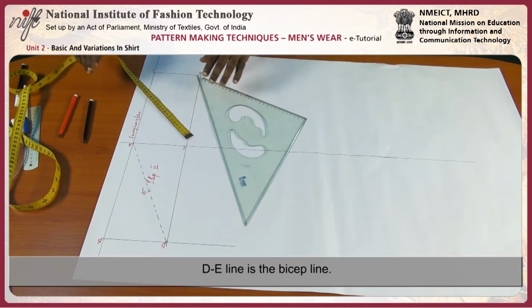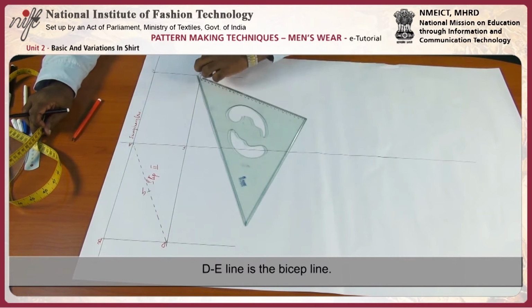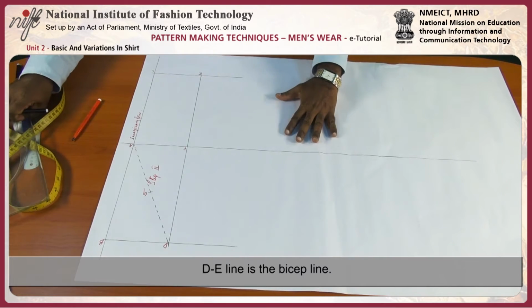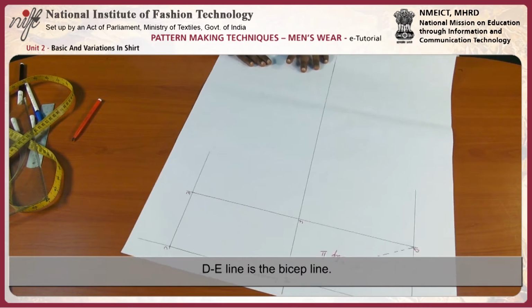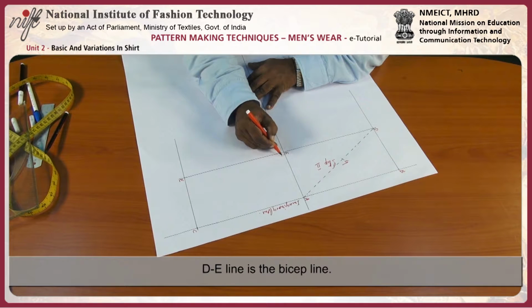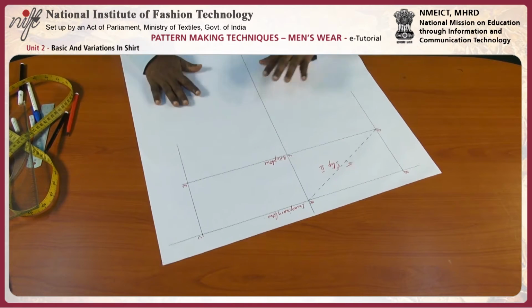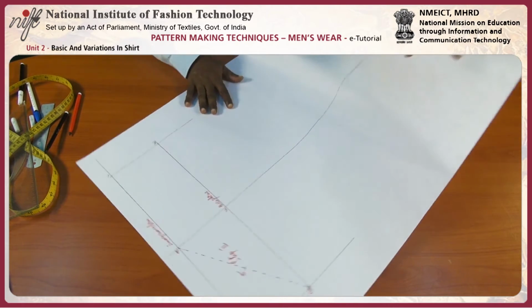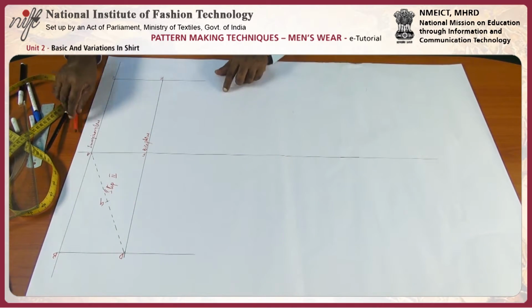This is G. Now DE line is the bicep line.